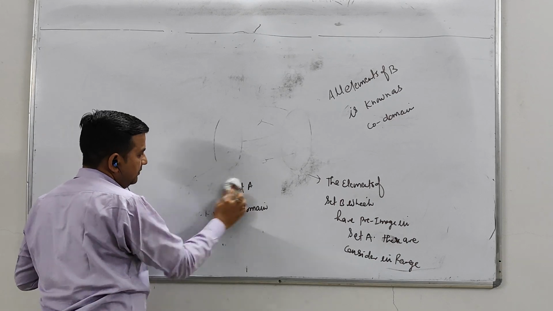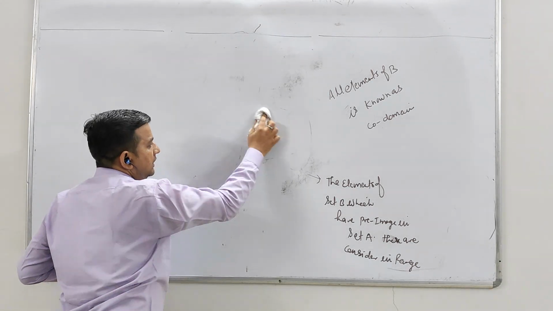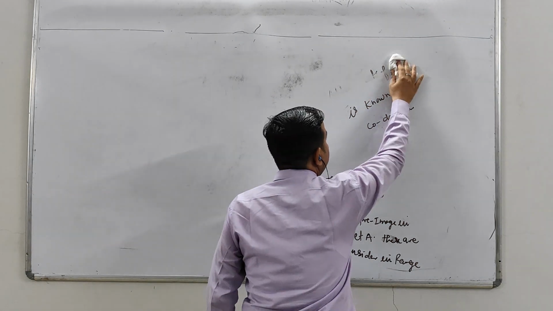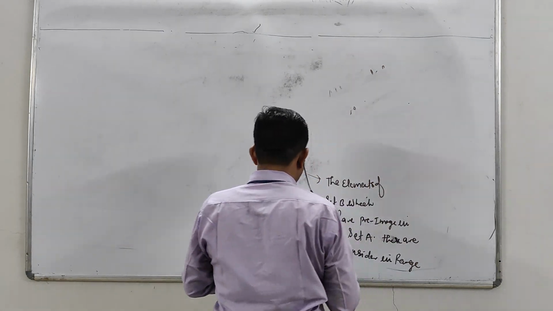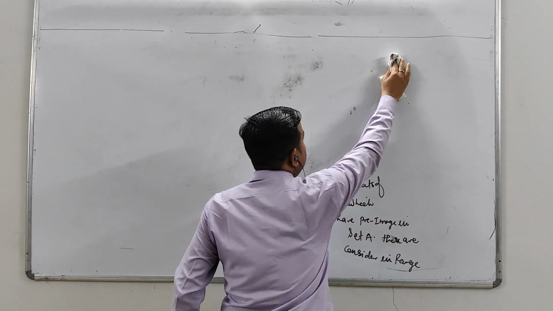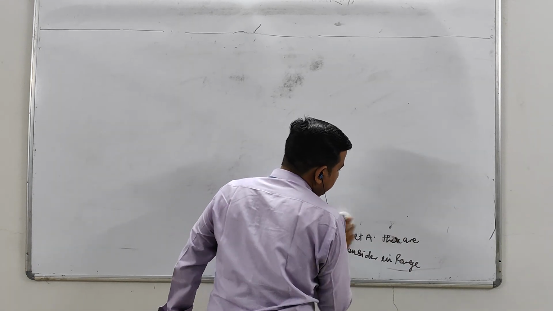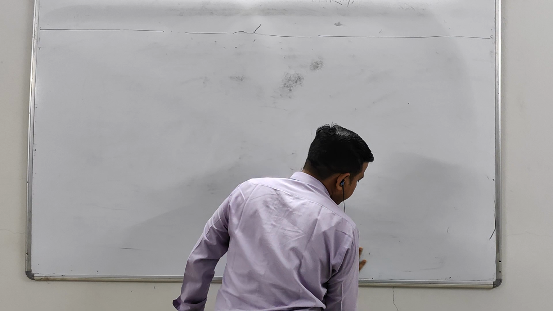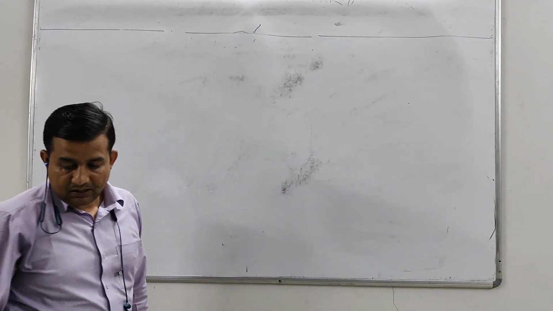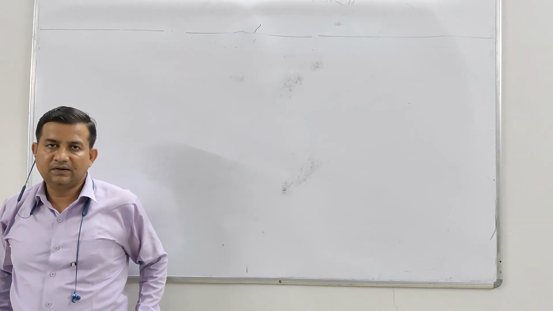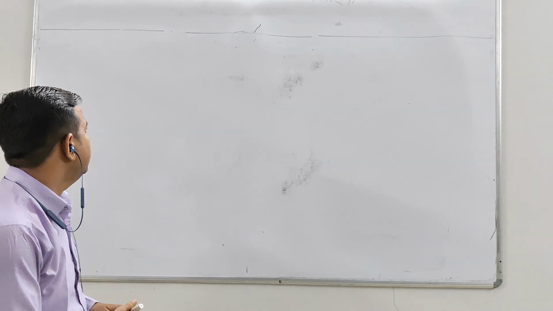We all know that there are two types of function present in mathematics. One is algebraic and second is non-algebraic. In case of algebraic function, there are many types of the function. Non-algebraic function is known as the transcendental function.